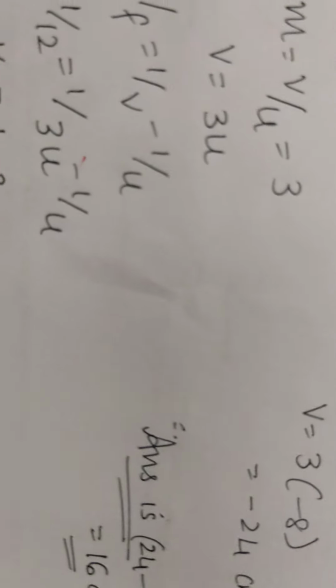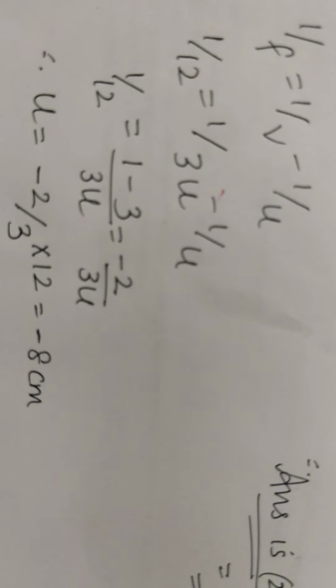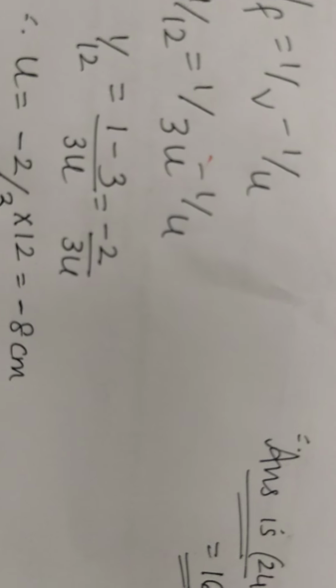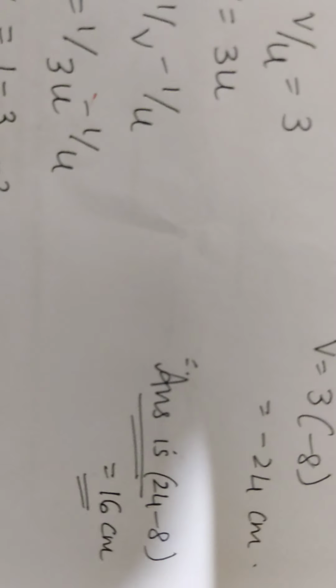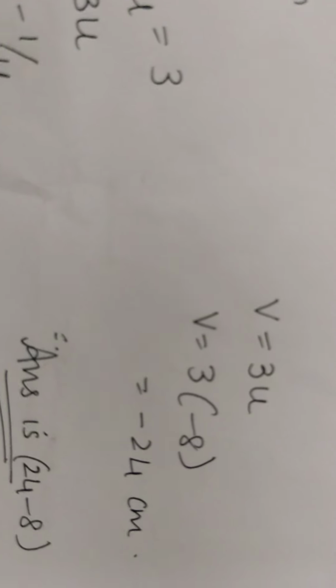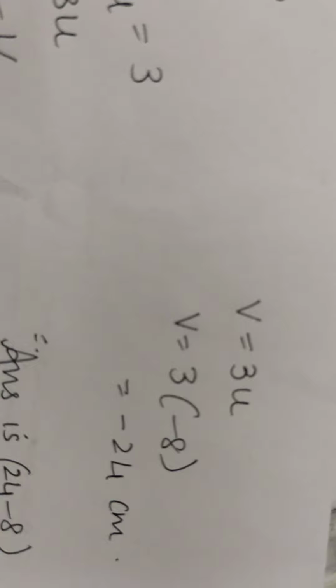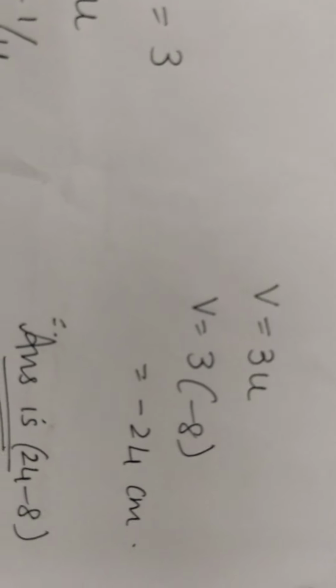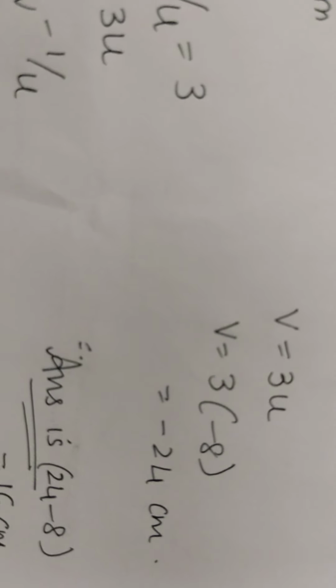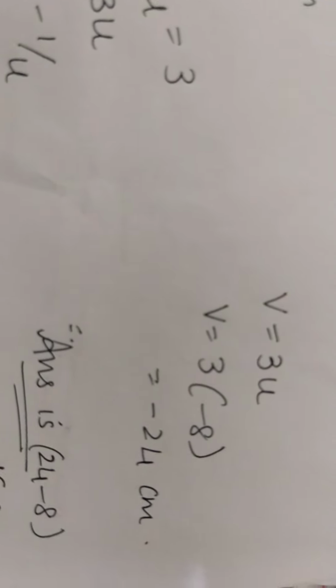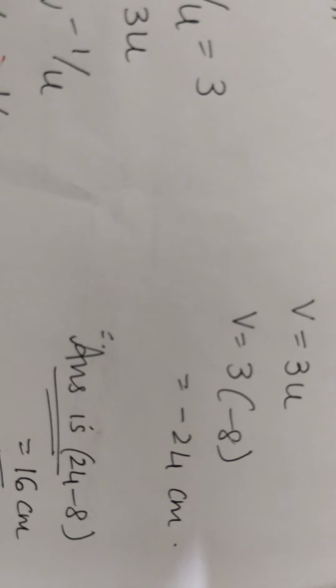It means object lies at 8 cm distance away from the optical center and image lies at distance 24 cm away from the optical center, with both of them lying on the left hand side because v is negative. So the distance between the object and the image will be 24 minus 8, that is 16 cm.